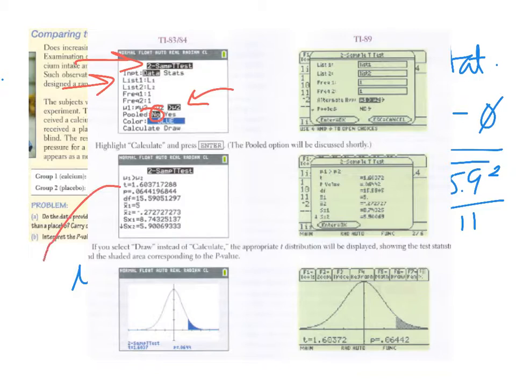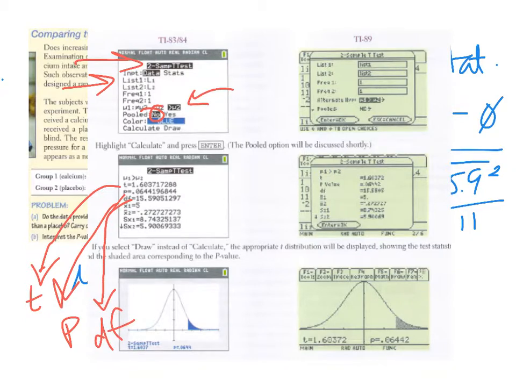Remember, I need to pull out the t, the p-value, and the degrees of freedom. I need to write all those things down. I need to write down what test I used, the 2-sample t-test.